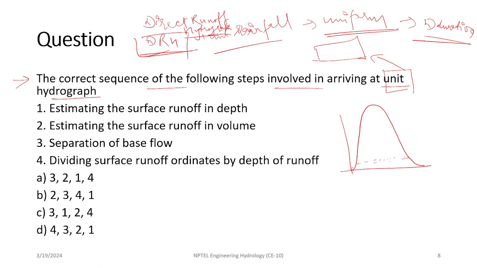So in order to get the unit hydrograph, what should be the first step? Firstly, you have to remove this base flow, and then start plotting this graph.